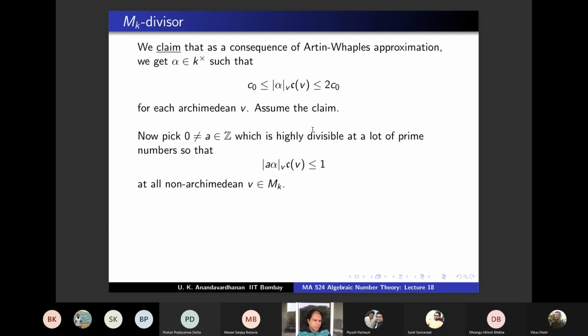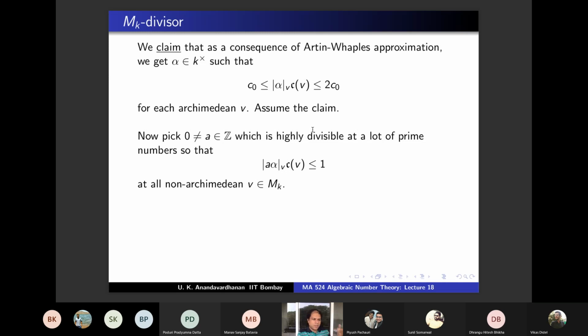the corresponding prime numbers lying in Z below, you don't bother about them in the choice of A. But at other prime ideals which contribute to |alpha|_v and C_v, at those prime ideals, the corresponding prime numbers lying below, you take sufficiently high powers and multiply them together, you will get an integer A. Such an A, by having sufficiently high powers of p in it, |A| at that particular p is very, very small.